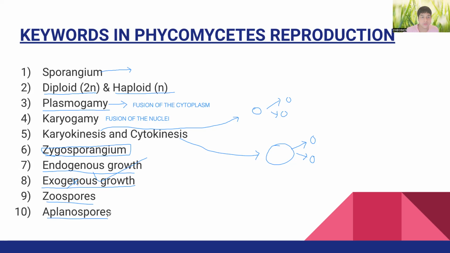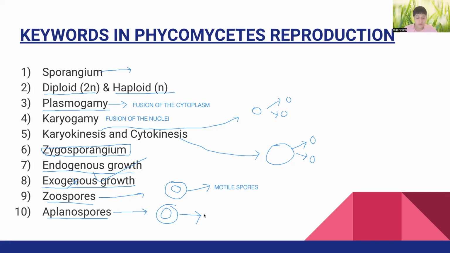Zoospores and aplanospores, again, are very simple. Zoospores are spores which can move around. They're motile spores.